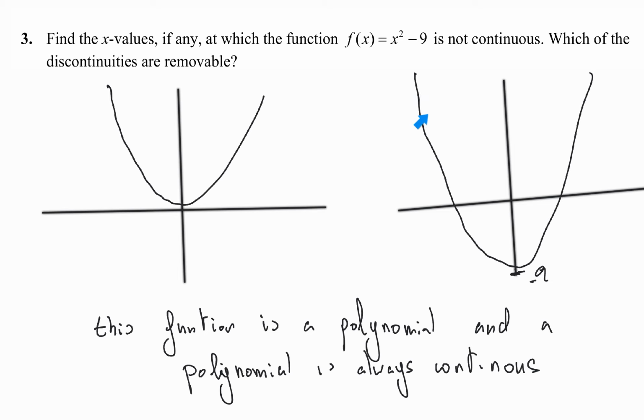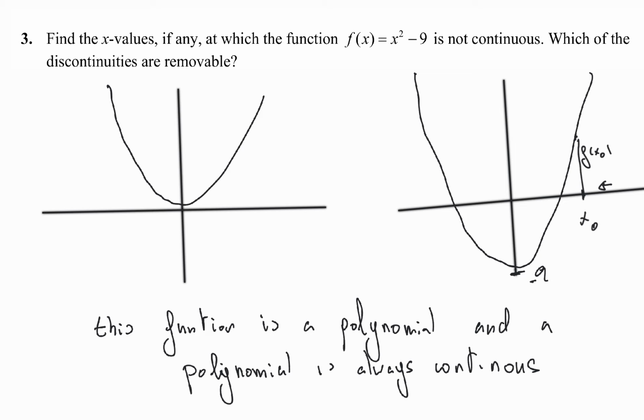So this function is continuous, because at any point x0 a value f of x0 is defined. And if you approach from the right or from the left, the limit wants to be f of x0, so it's continuous.